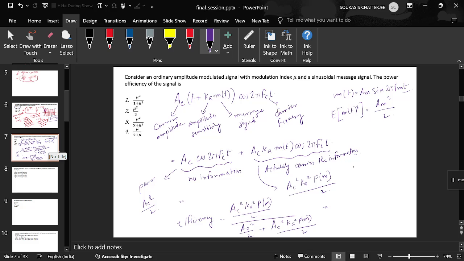So this Pm here is nothing but m squared by, okay, first let me just remove this part here. If we remove Ac squared, we are left with Ka squared Pm divided by 1 plus Ka squared Pm. Now Pm is itself Am squared by 2, so if we put that value here, we will get Ka squared Am squared divided by 2 plus Ka squared Am squared.